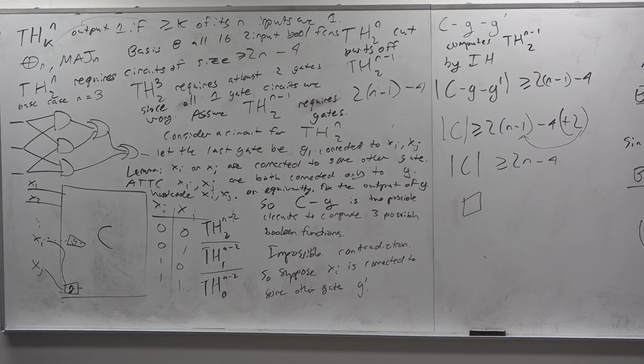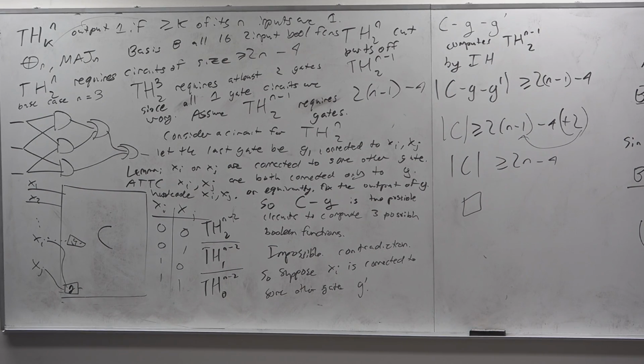Yes? And so this proves that you need 2n minus 4 gates? Yeah, if you wanted to compute the Boolean function threshold 2 of n, where at least 2 of the n inputs must be on, and you assume that you have a basis of all 16 possible gates, you must have 2n minus 4 gates in your circuit.